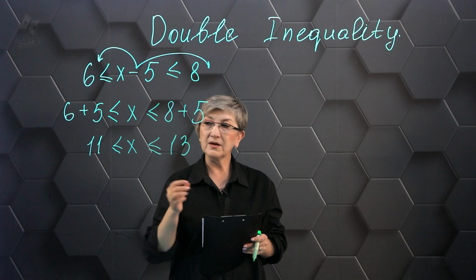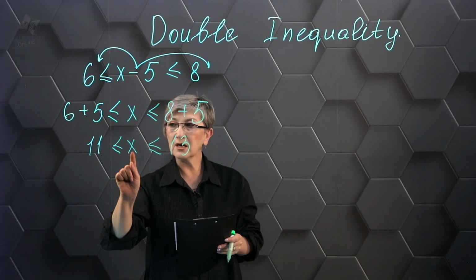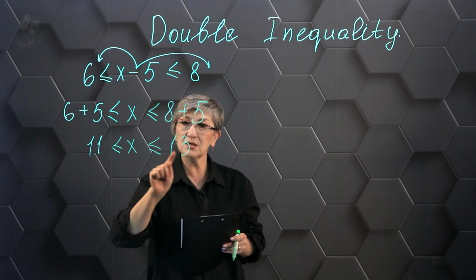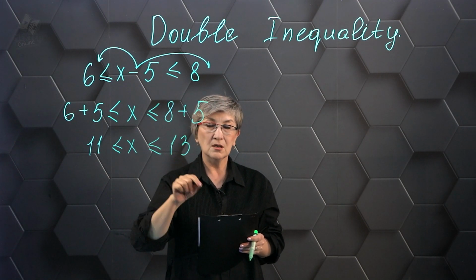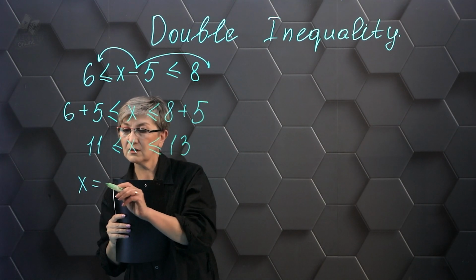Let's check. I need to write down a value that is greater than the number 11 but less than the number 13. Let's take the number 12. Suppose that x equals 12.